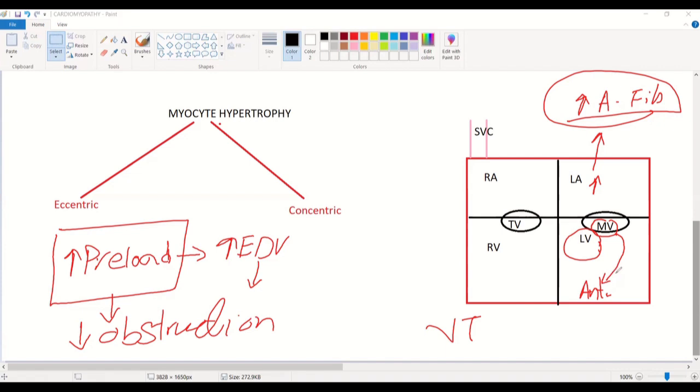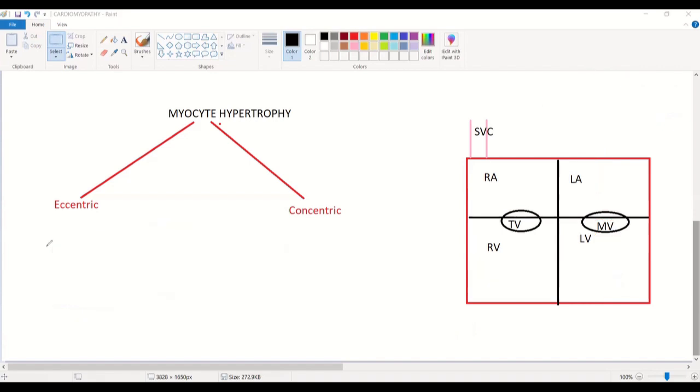What about if the preload is decreased? Does obstruction in hypertrophic cardiomyopathy increase or decrease? Wait, can you repeat the question, please? The general principle, right? So what happens in hypertrophic cardiomyopathy?